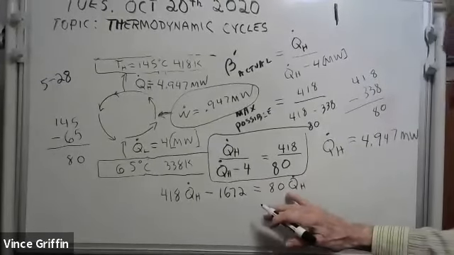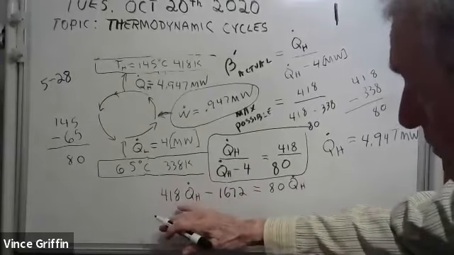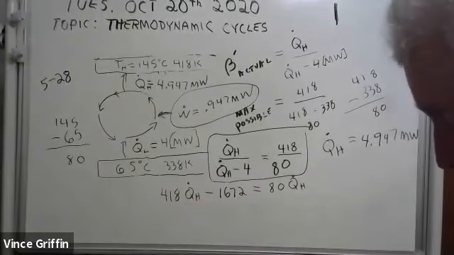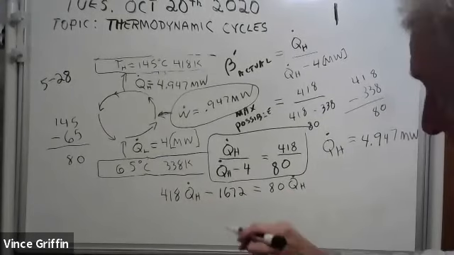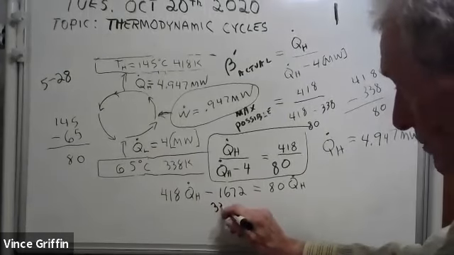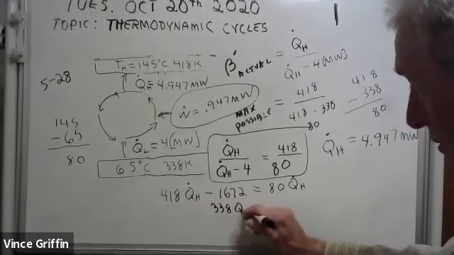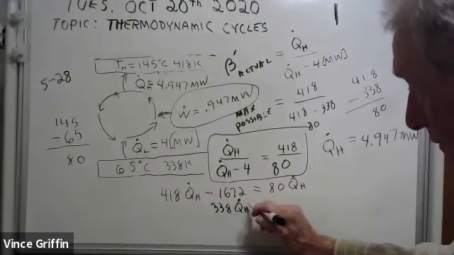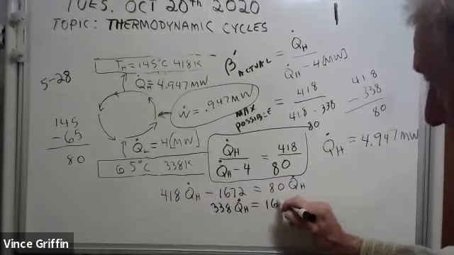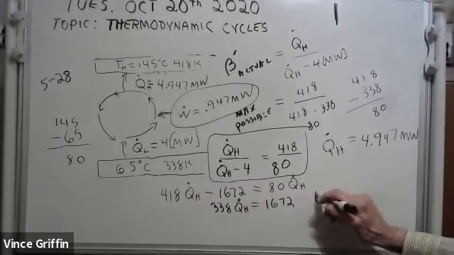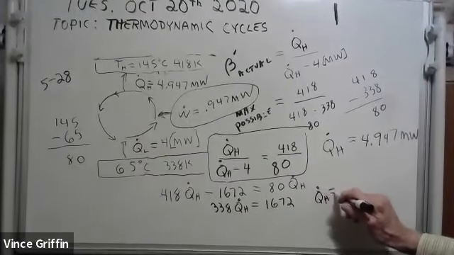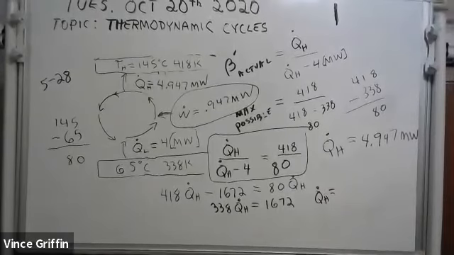Now what I'm going to do is subtract 80 from that. And here's what I get. 418 minus 80 is 338 QH dot equals 1672. Now I'm going to divide and I'm going to get QH dot. Here goes. All right, I'm dividing.